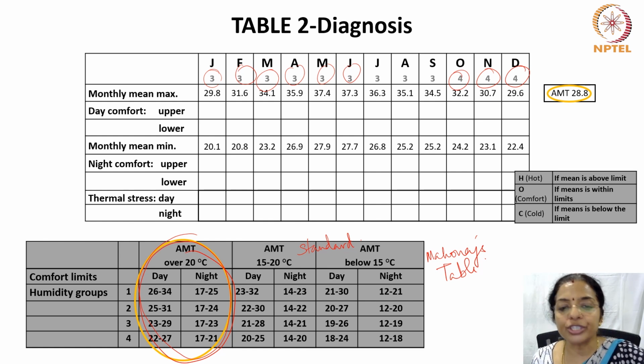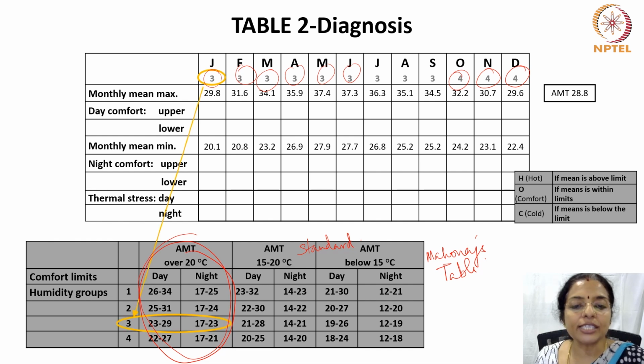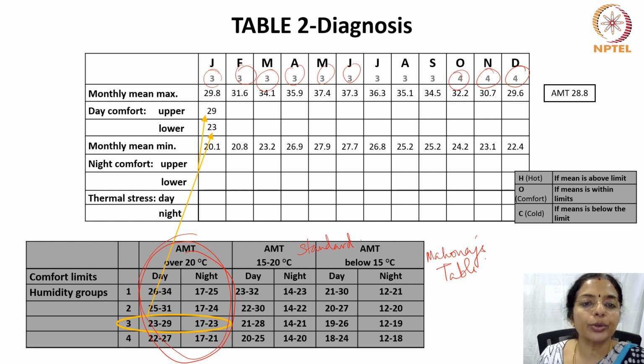So you check this and then you write the humidity group, and based on the combination of AMT and the humidity group, you should enter the upper limit and lower limit.